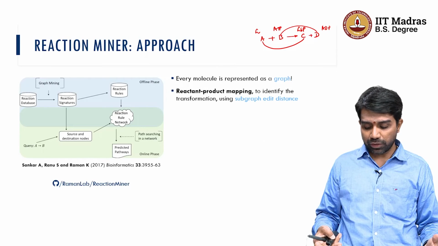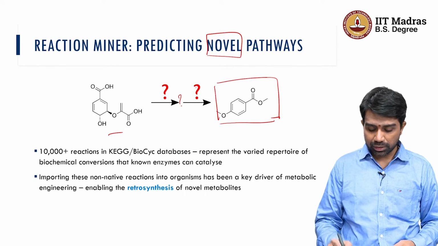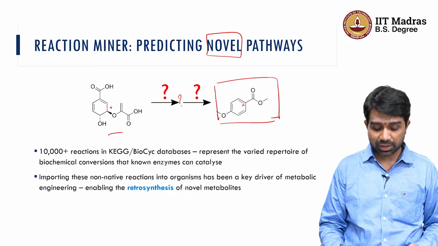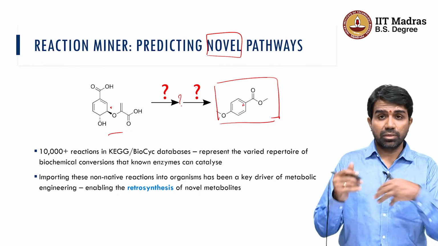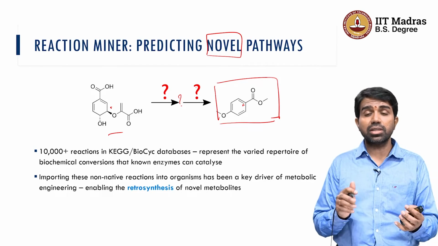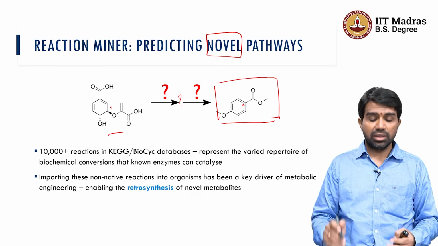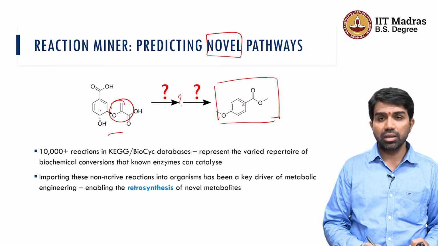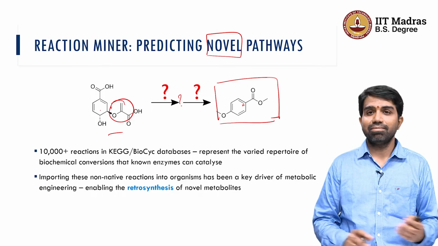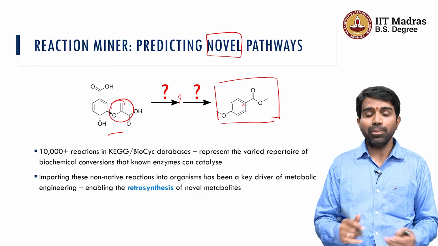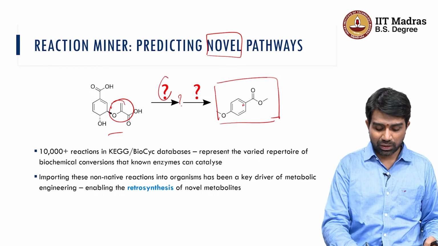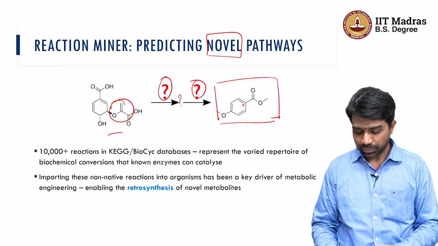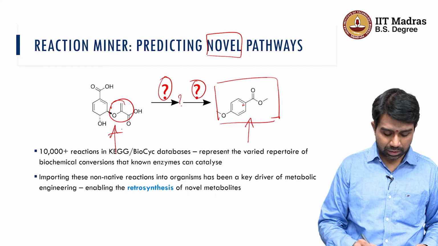So basically if you want to find how to make this molecule from this molecule, you find some signatures in this molecule and go back to the reaction network, look for those signatures, look at neighboring signatures and find a path to a node that contains signatures from this molecule, right? And there you go, you have a pathway, a set of reactions. You can fill in these question marks and solve the problem of retrosynthesizing this molecule from this molecule.